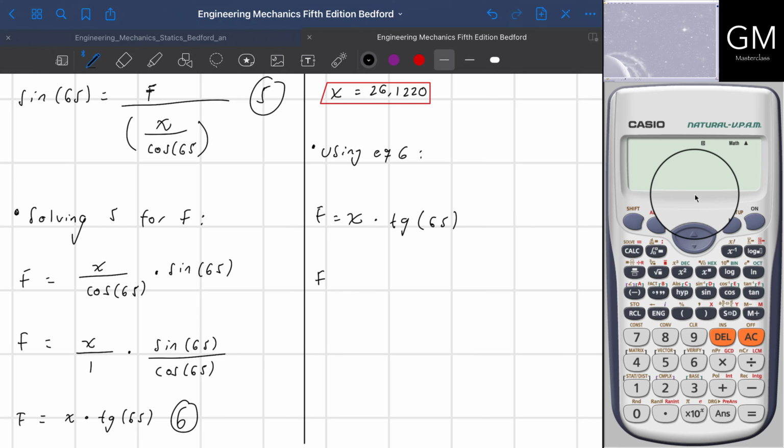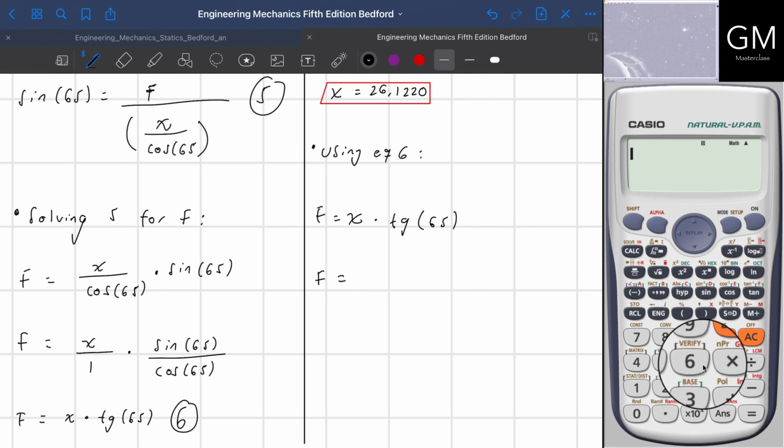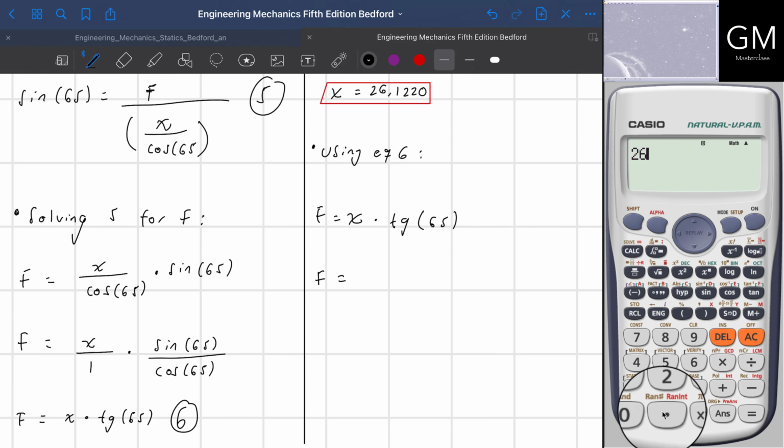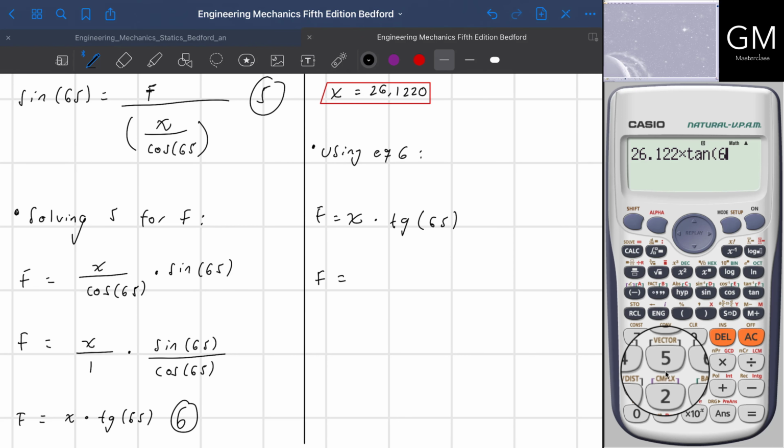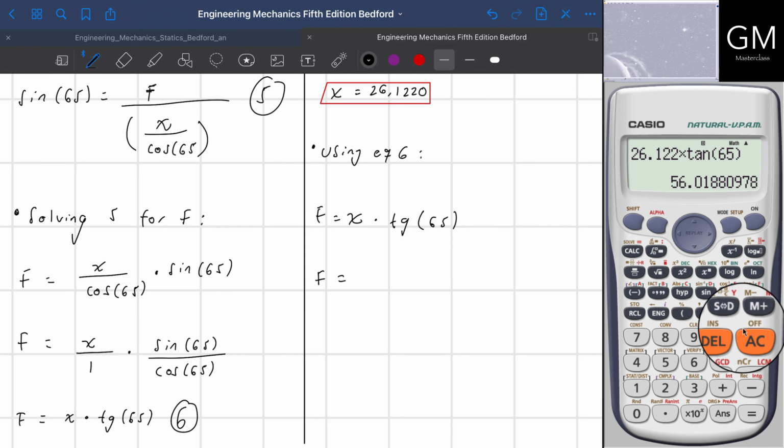Since I already have the value of x, f is equal to 26.122 times tangent of 65. This is equal to 56.0188. And I have the second value.